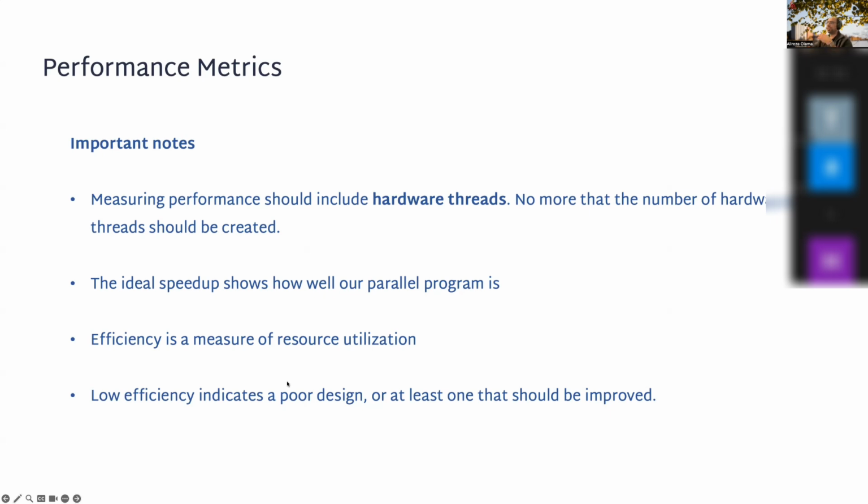If your efficiency is low, it means you didn't have a good design in your program, or at least your design can be improved. So efficiency is the sign of poor design. You can judge your design decisions based on the efficiency of your algorithm. Okay.